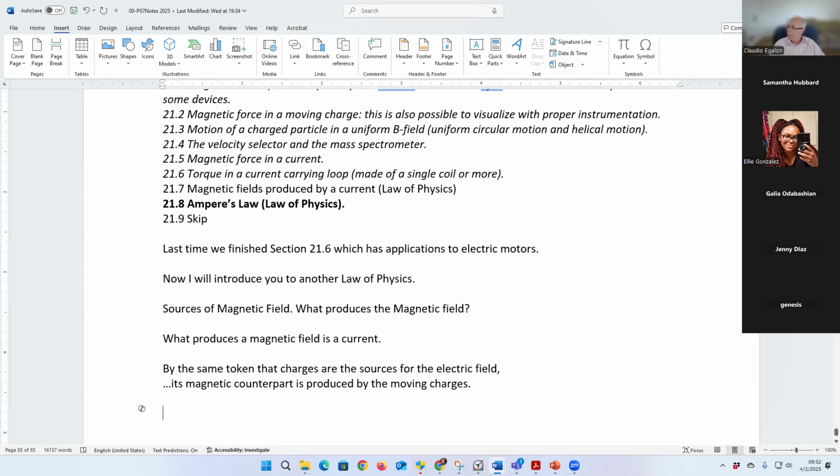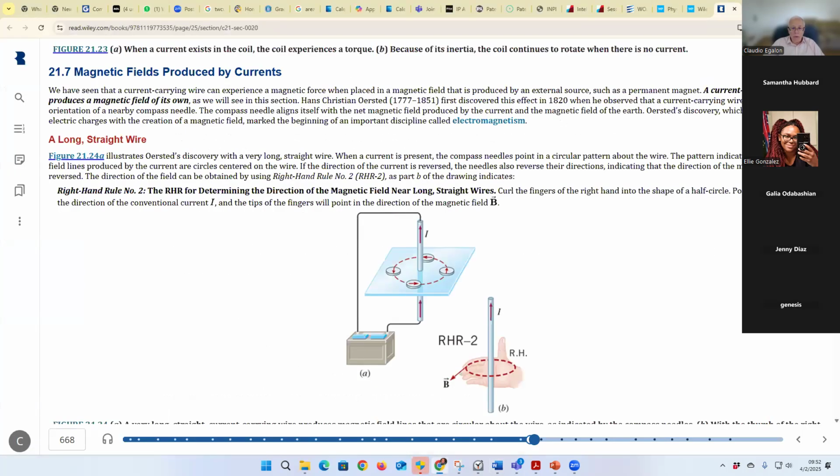Moving charges. Okay. And there is a very simple experiment that we can perform.